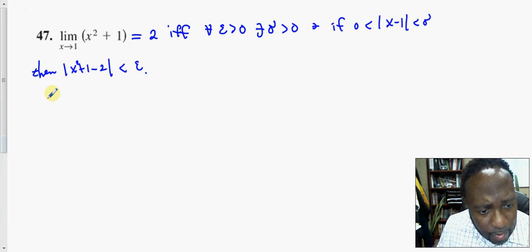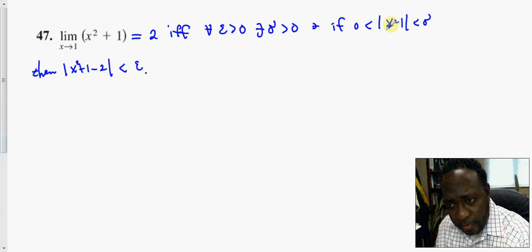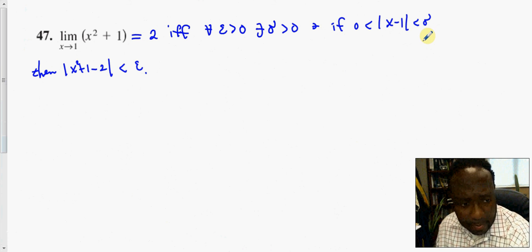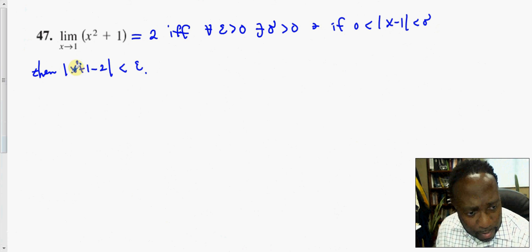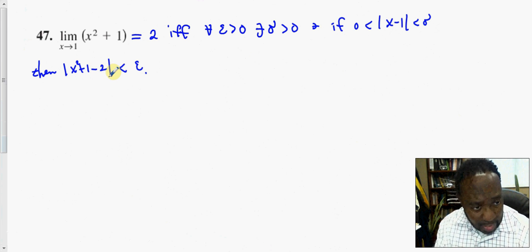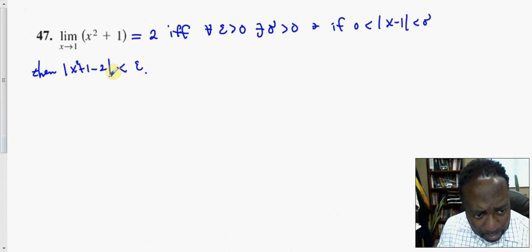So if that be the case, then notice what we're given. We're given that the bound for x minus 1 is less than delta. To be able to prove that the bound for the y values, about this limit 2, is contained by some number epsilon.